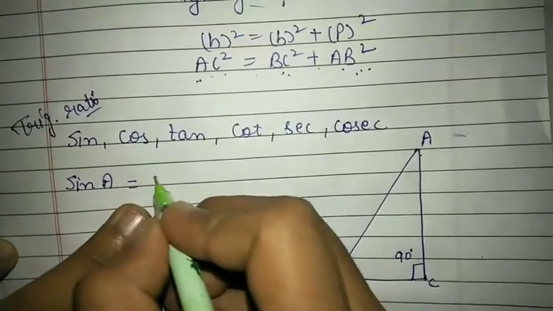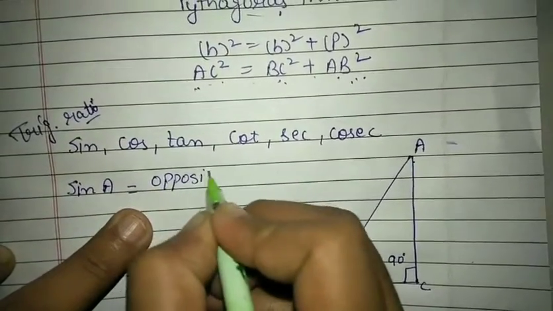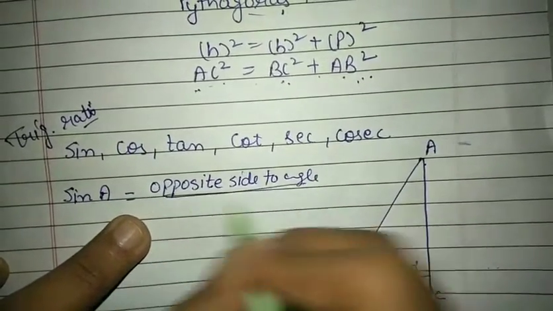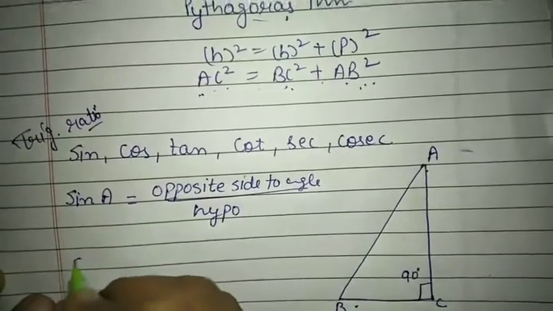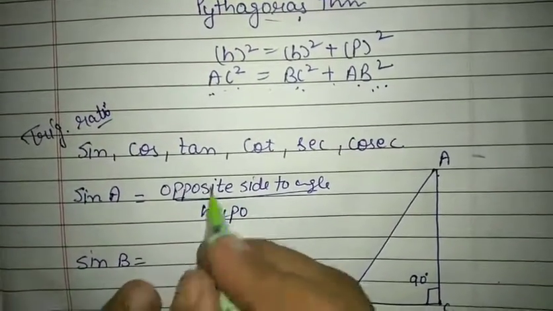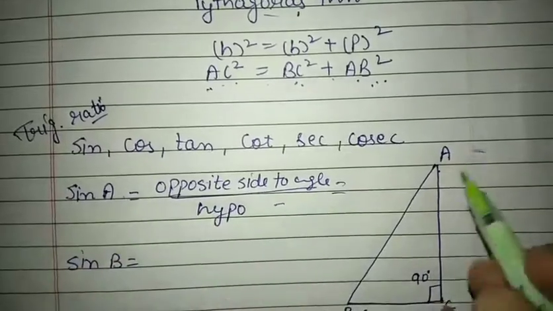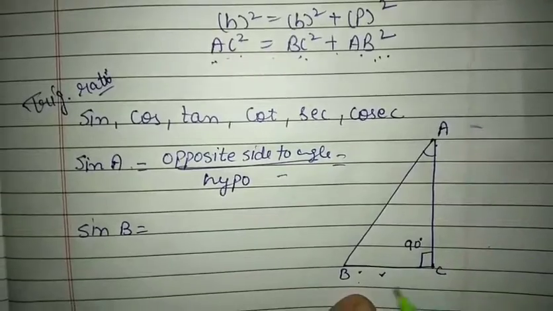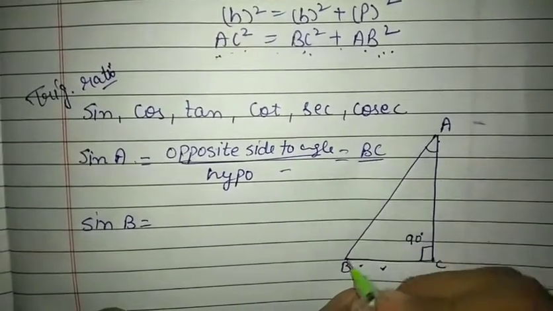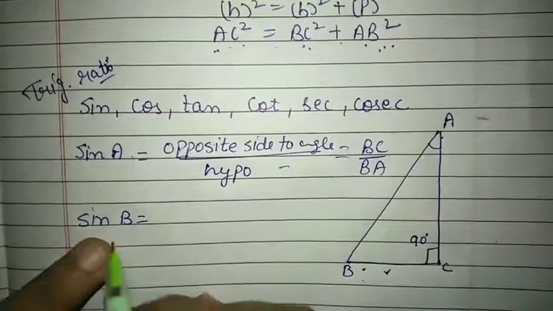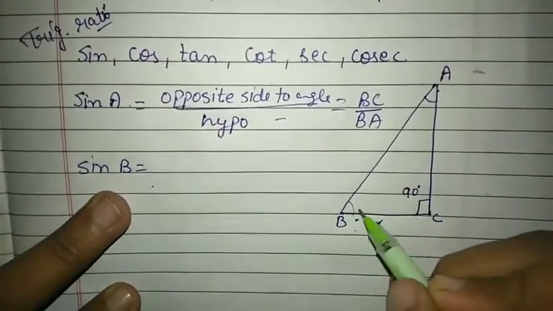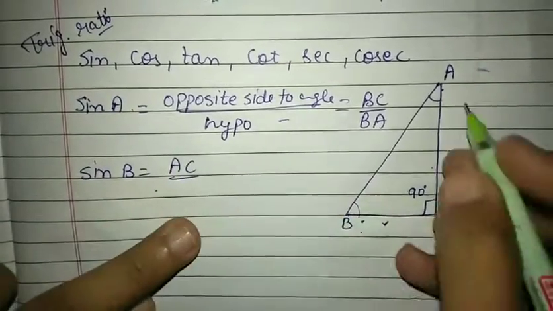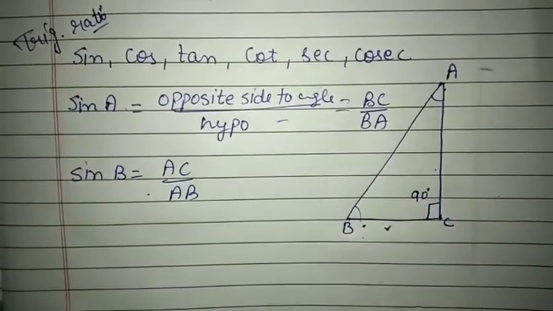Formula of sine is equal to opposite side to angle upon hypotenuse. For sine A, opposite side is this, then the formula becomes BC by hypotenuse, this is BA. But for sine B, opposite side is this, that is AC, and the formula becomes AC by AB. You can see the difference.